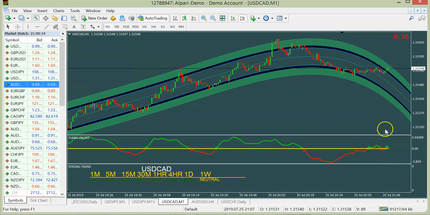You see this is ranging, and because this is the M1 time frame, you will be getting these arrows very often because it is the situation when the basic line is moving around the zero line, so it's not good to be traded now.